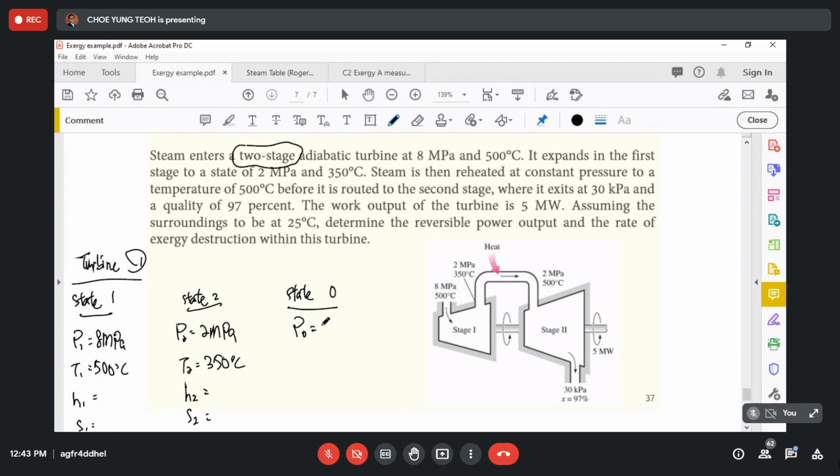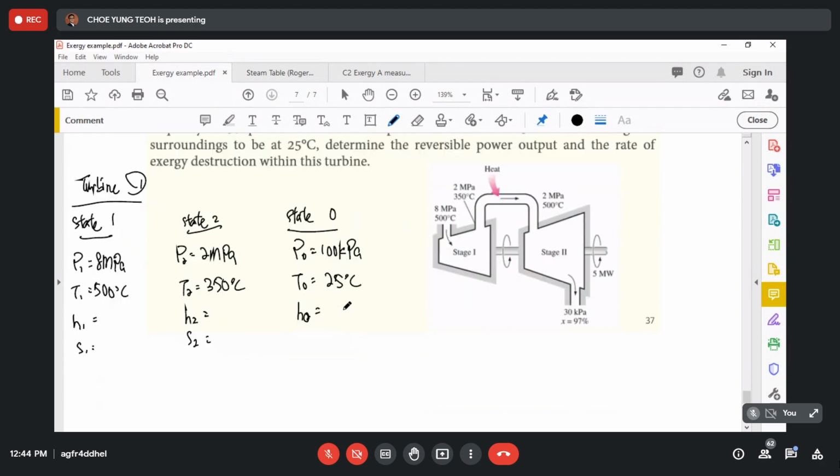P0 surrounding 100 kilopascal. If not stated, you can always use 100 kilopascal. So use the steam table. 8 megapascal, so it means that 80 bar. 80 bar, 500 degrees Celsius.